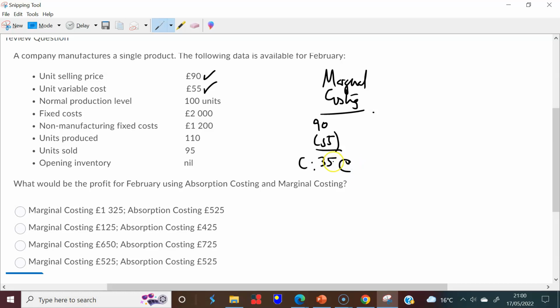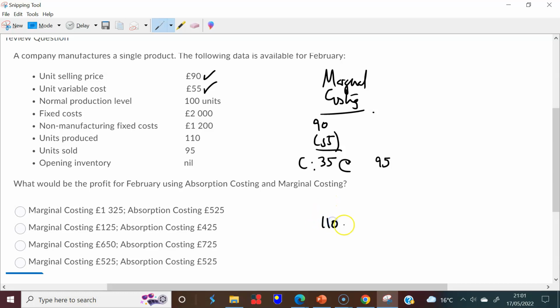Now you sold 95 units, and therefore your revenue, if you really want to think about it, is what you sold, really.